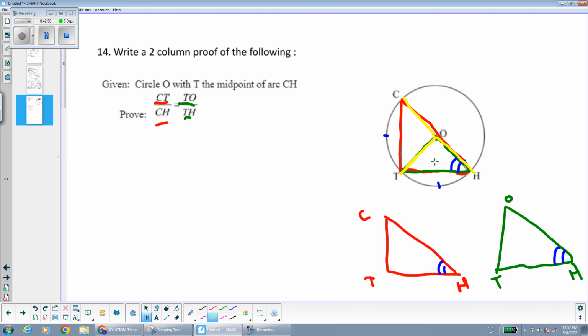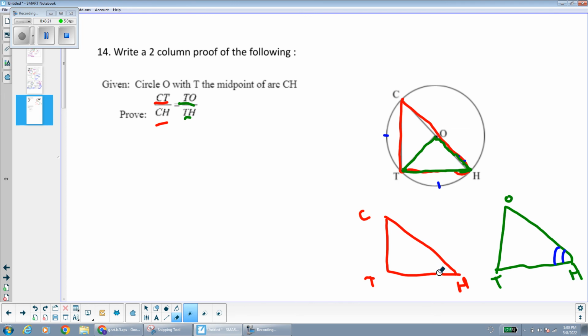And I see this central angle over here is opening up to this arc. Oops, I'm erasing too much. So what I'm actually going to do is, although this is true, both of these triangles do share this angle.